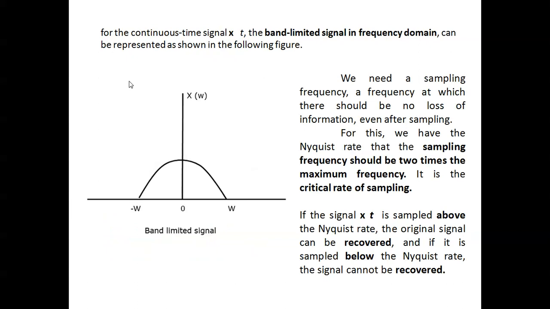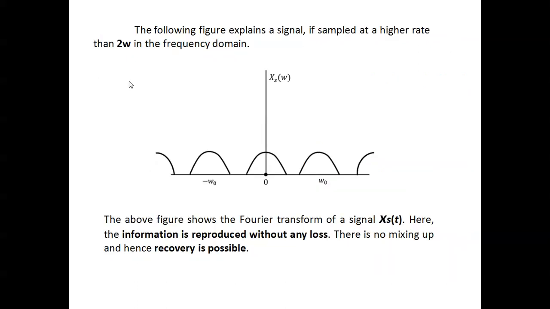The first one is shown in the following figure. The sample rate is higher than 2W, twice the highest frequency. We already said that Fs should be twice the highest frequency. If so, there is no overlap and no information is lost, so recovery is possible.